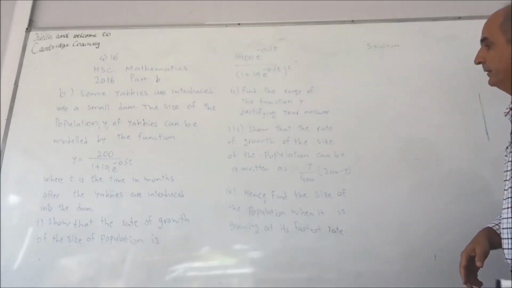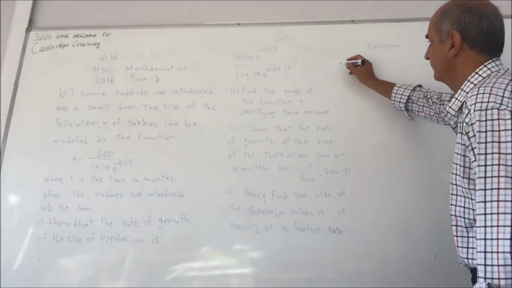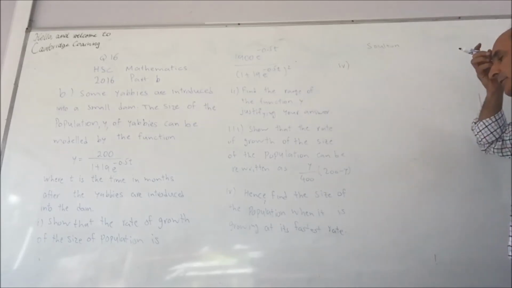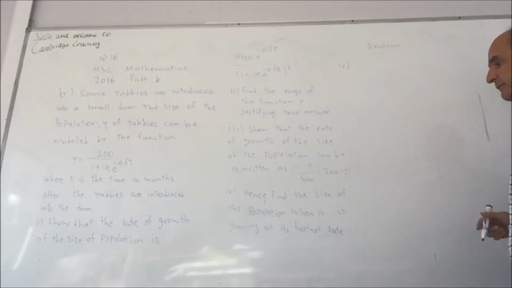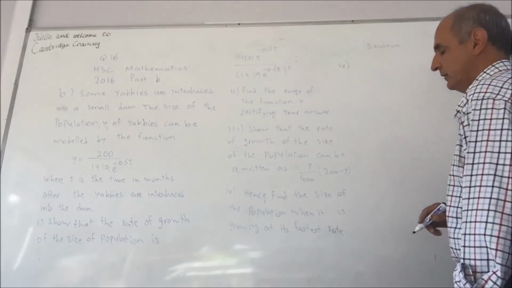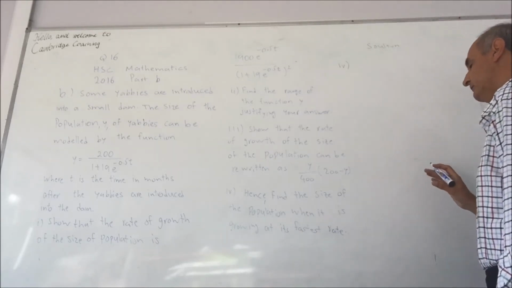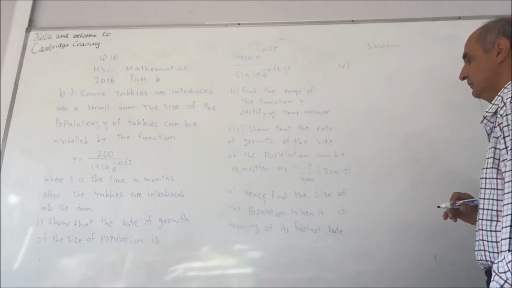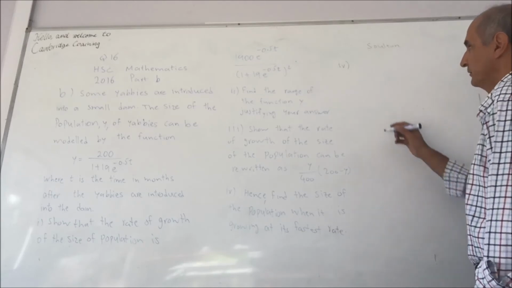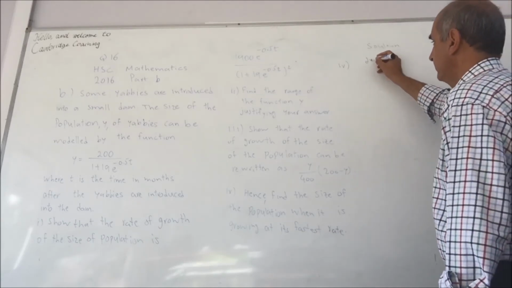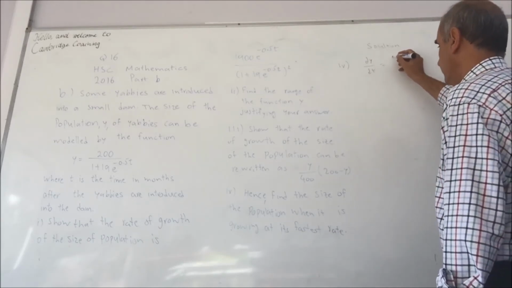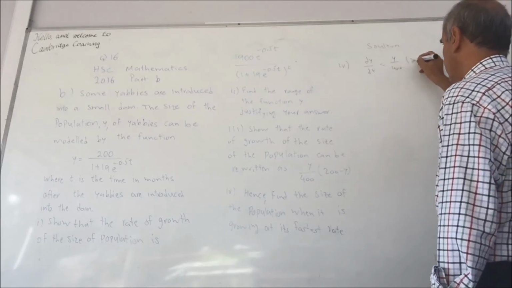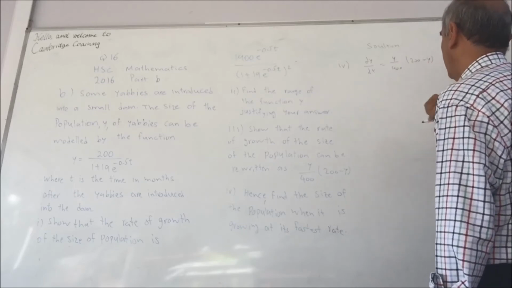And eventually in part 4, they are asking, hence find the size of the population when it is growing at its fastest rate. So basically, first we've got to see when the population has got its fastest rate. So we proved that the rate of the population is y over 400 times 200 minus y.